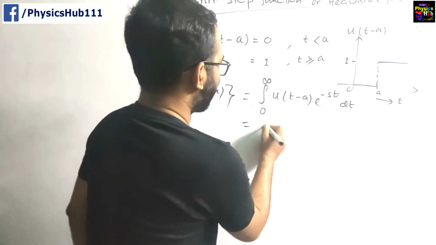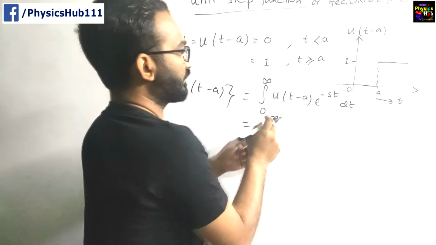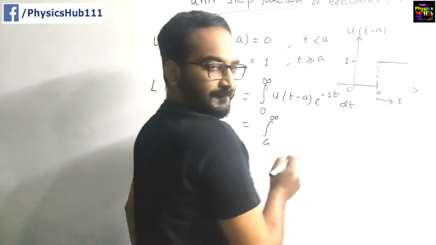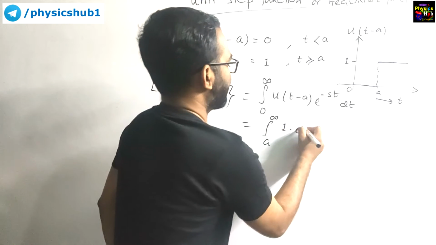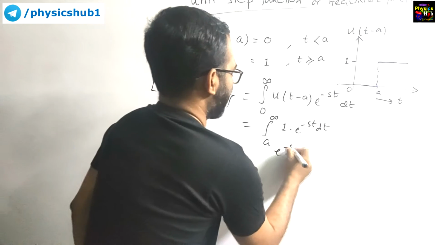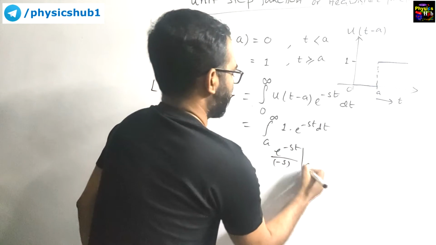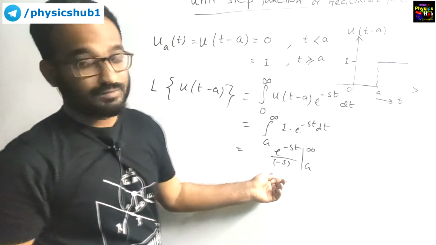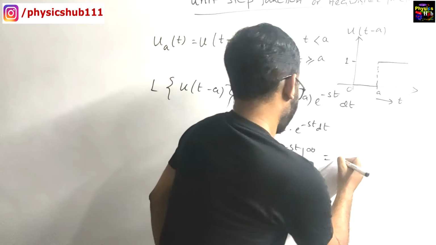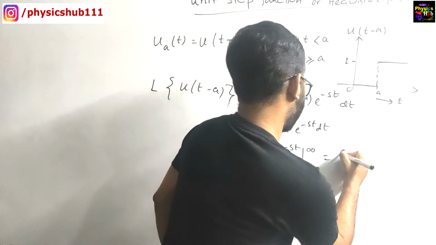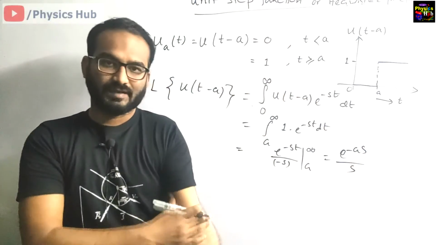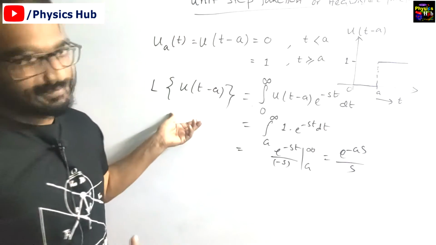The limit can be written a to infinity, because from 0 to a it is 0, and from a to infinity the value is 1. So the integral of e to the power minus st dt gives e to the power minus st divided by minus s. Putting the limits a to infinity, the upper limit gives 0 and the lower limit gives e to the power minus as by s. So 1 by s e to the power minus as is the Laplace transform of this unit step function.